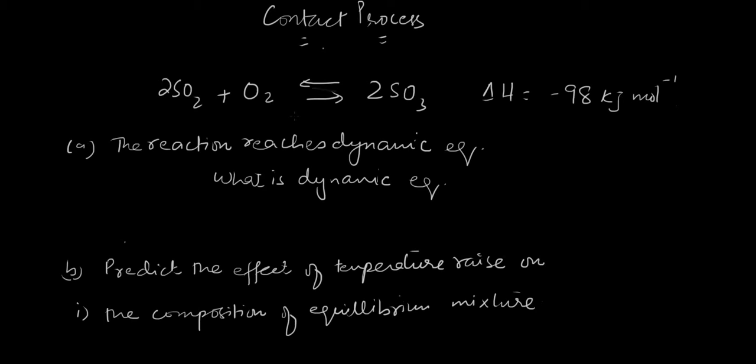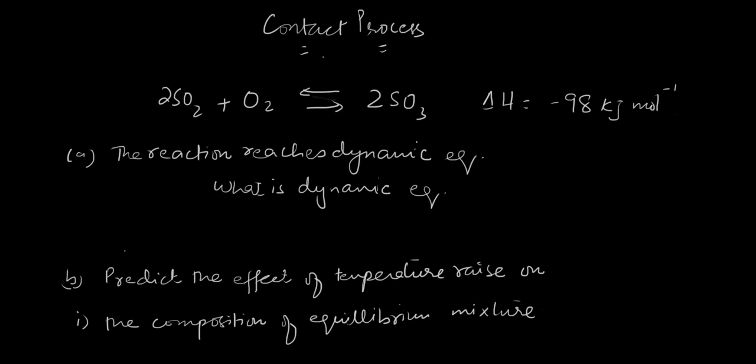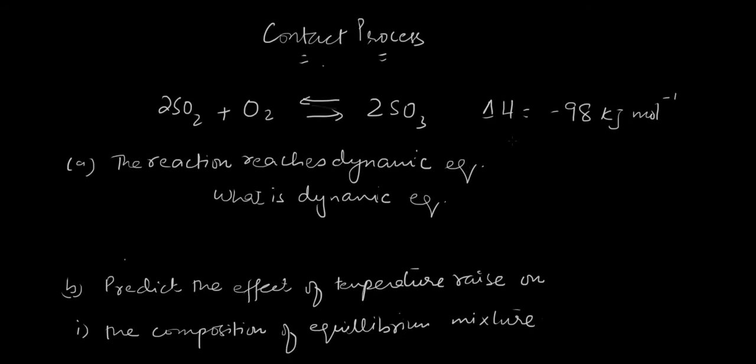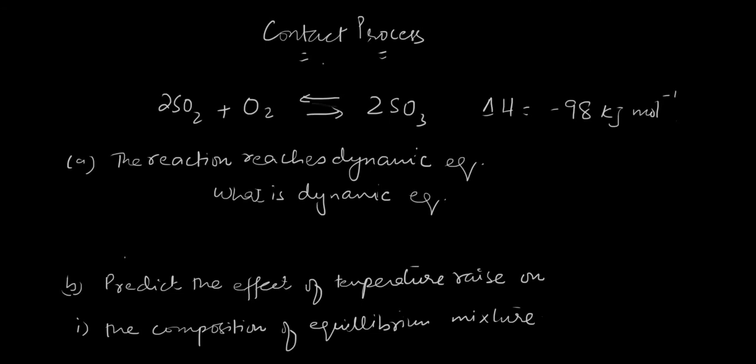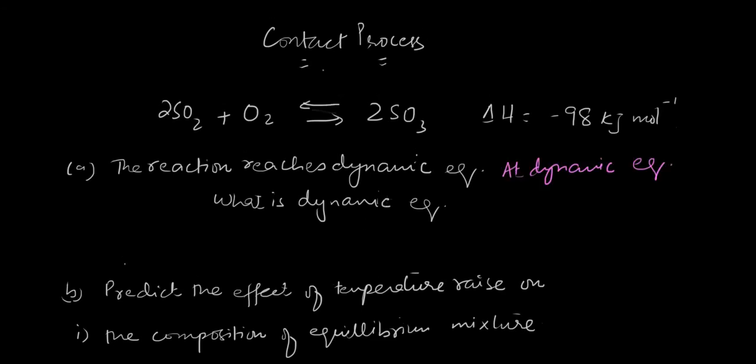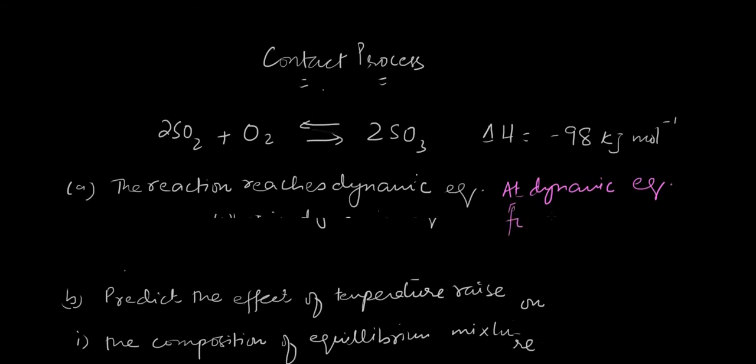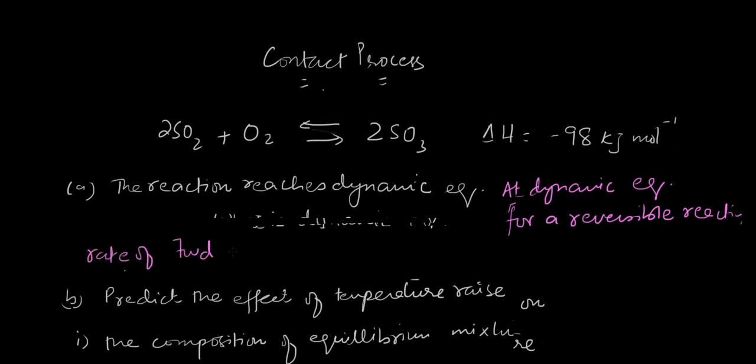So what is meant by dynamic equilibrium? Basically, at dynamic equilibrium, for a reversible reaction, the rate of forward reaction is equal to the rate of backward reaction.